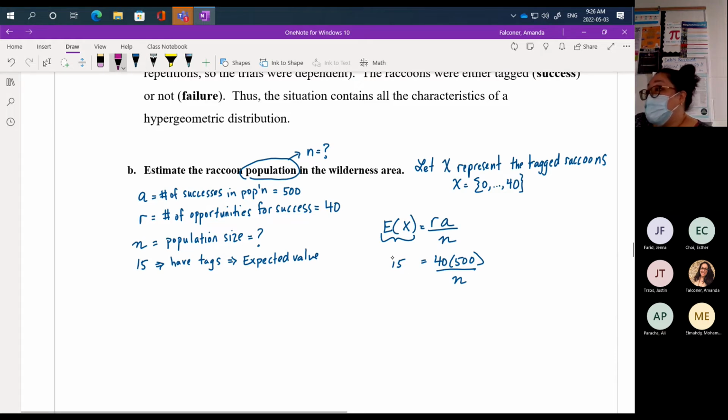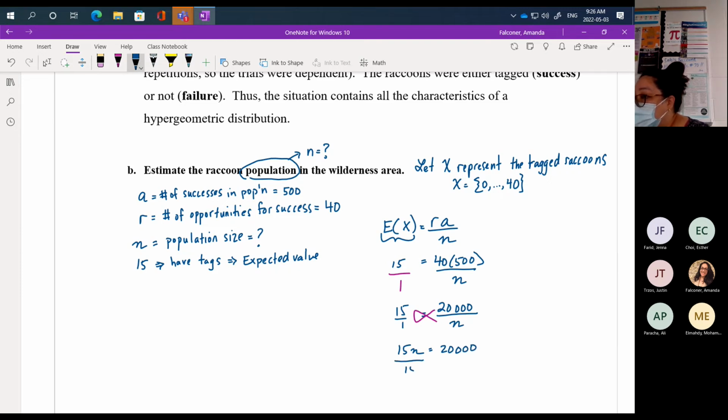So at this point, we've got an equation with a fraction in it. I'm going to put this whole number over top of 1. I'll rewrite the 15 over 1 here, and I'm just going to multiply that 40 times my 500 to get to 20,000 up top over N. And then at this point, it's just a little proportion here that we can cross multiply to solve. So then becomes 15N equals 20,000.